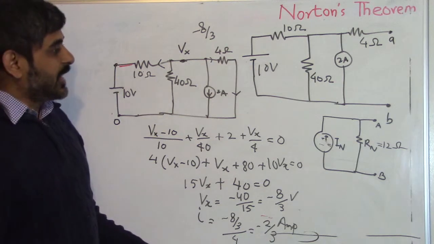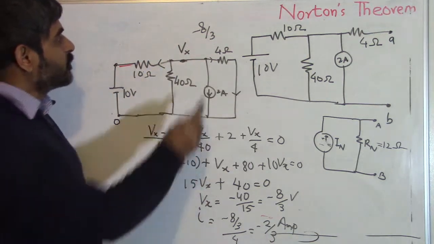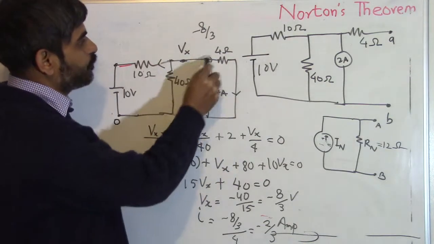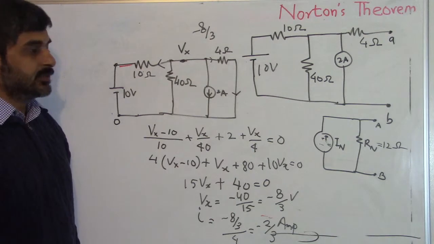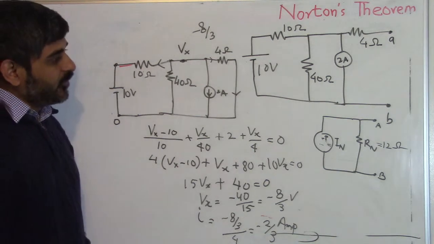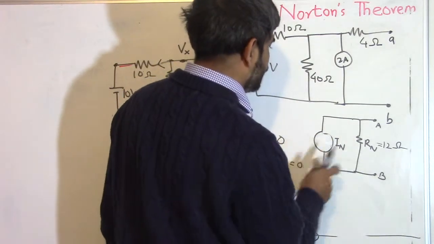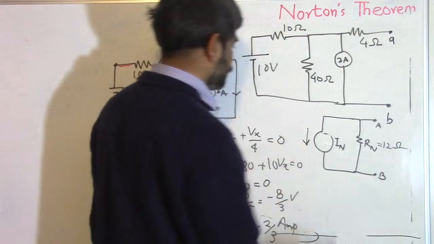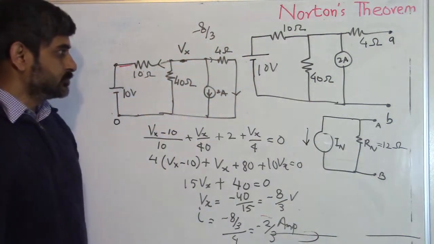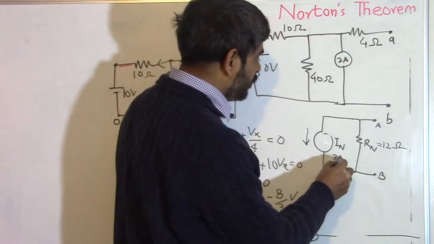What it tells us is that the current is not flowing in this direction, it is in the opposite direction. And therefore the Norton's IN is in this direction, with a value of 2 by 3 amp.